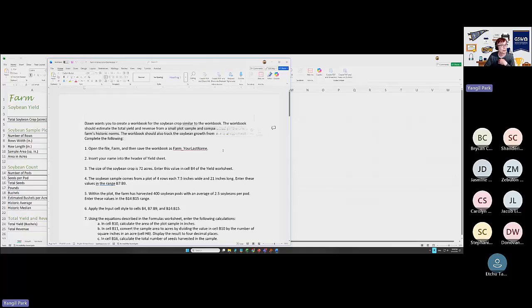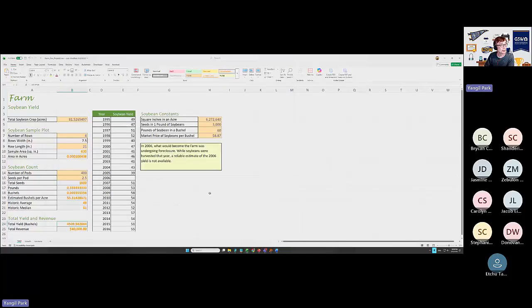All right, so here's what we have. We have a soybean field, and they try to test how much of those soybeans can be grown, and they have sample plots. Okay, this is the yield worksheet. Some of them are already filled in, so that's why you have some numbers out there, but I'm just looking at column A, right?